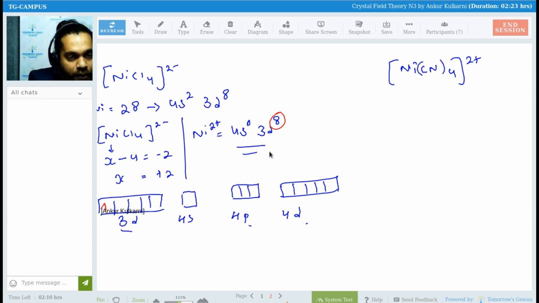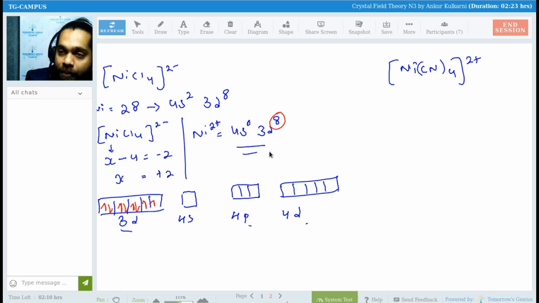So what I'll do: 1, 2, 3, 4, 5, 6, 7, 8. Now, depending upon your strong field or weak field ligand, you will pair the electrons. I will give you the list from strong to weak. Just hold on, let us complete this question.